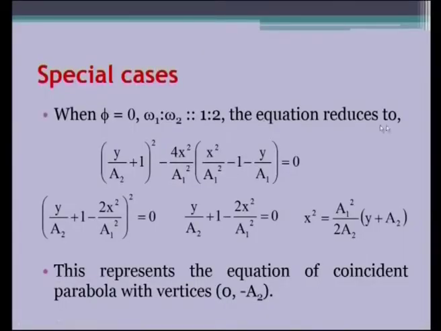So, the equation further reduces to this form, and I think this is the final equation we arrive at when we put phi equal to 0, that means no phase difference, and it has got a perfect square kind of term. And further simplification, we take a square root and rearrange to have this final equation: x square is equal to a particular term. Here we have y.